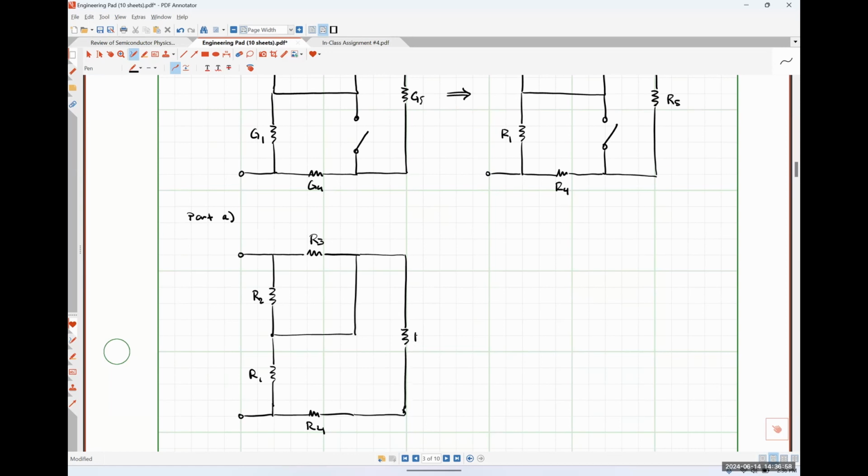So with my switch replaced by an open circuit, I'm just not going to draw the switch at all.